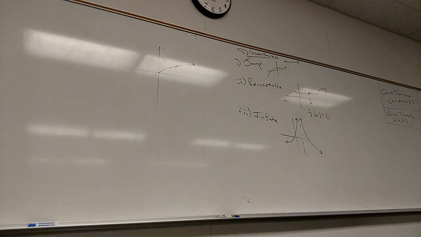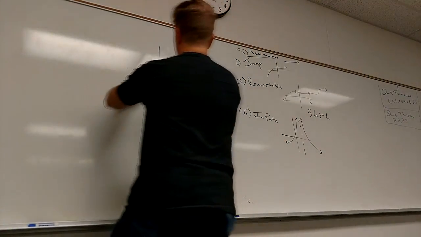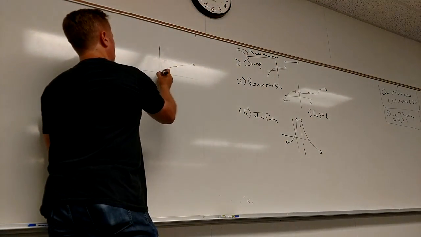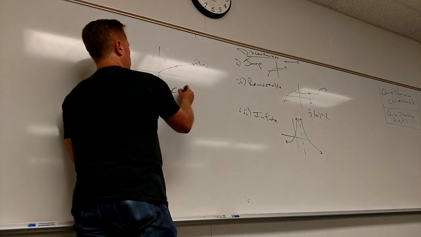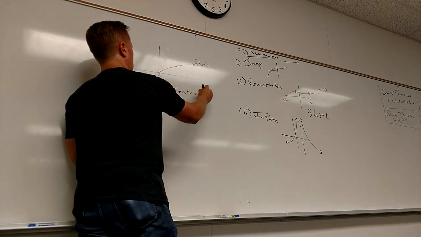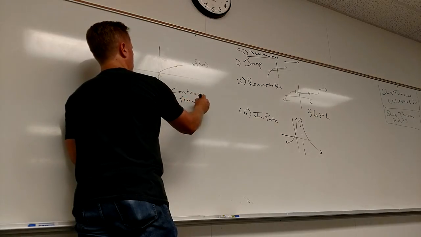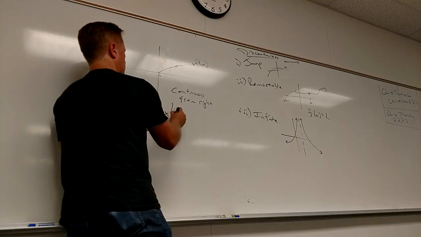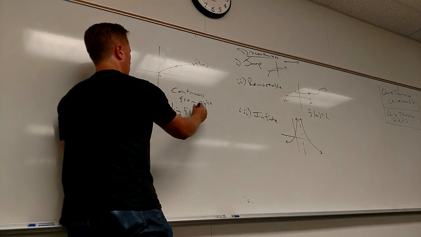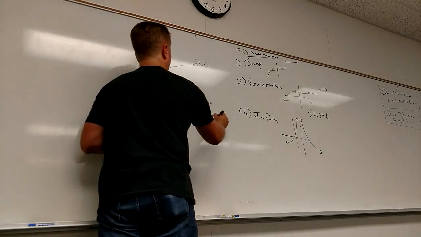That's on the bottom of page 116. They talk about continuous from the right, continuous from the left. Let's make this more general, a function f of x. Continuous from the right means that the limit as x goes to a from above equals f of a.